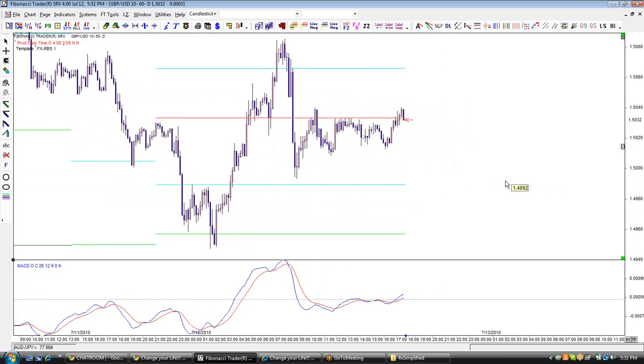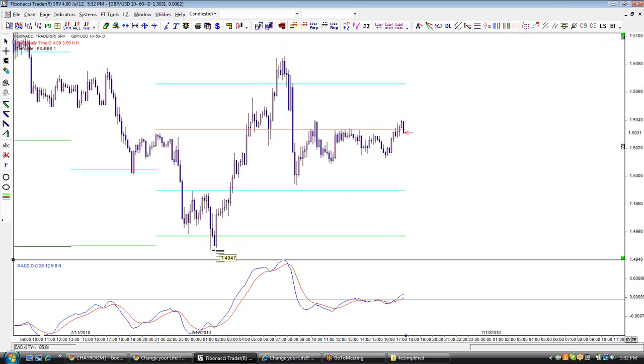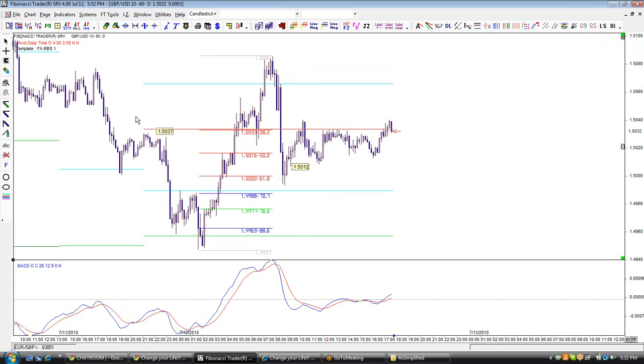If we know we're trading in a bullish trend, what we do is we pull our fib, and what we're looking for is usually convergence between a fib level and a pivot line.